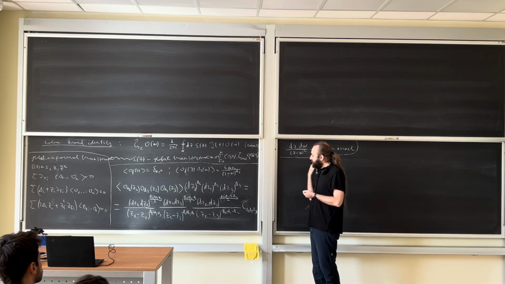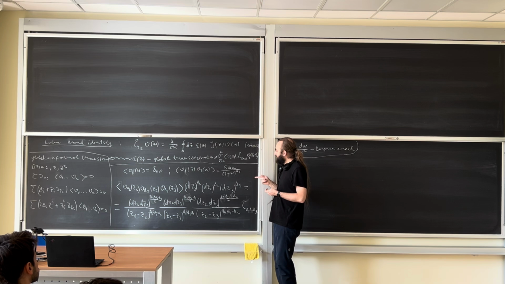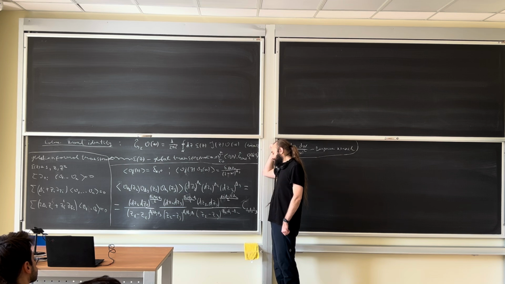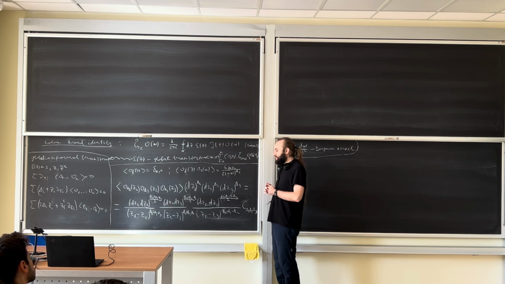After we do this, if there are fields with the same dimensions, there is an orthogonal group acting on them. And in this case, we can also diagonalize some other operator.